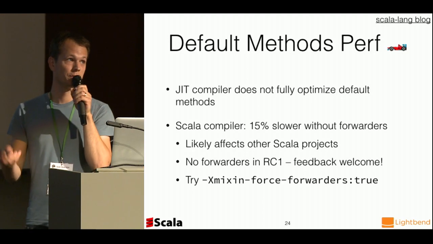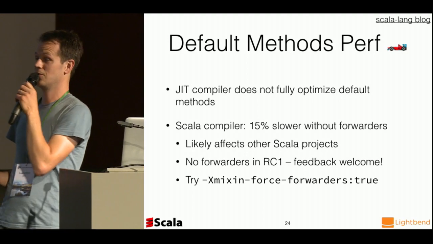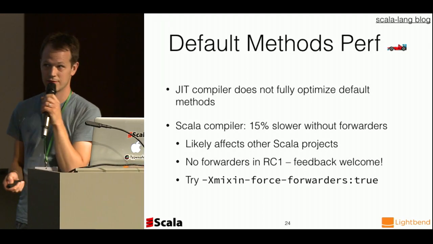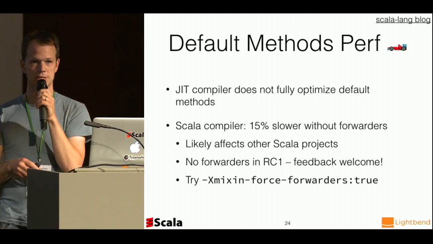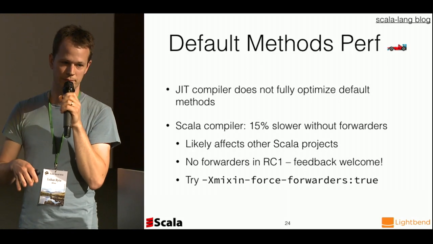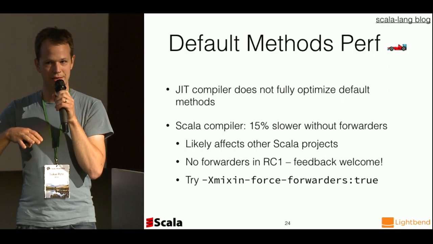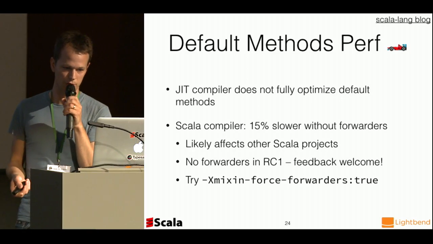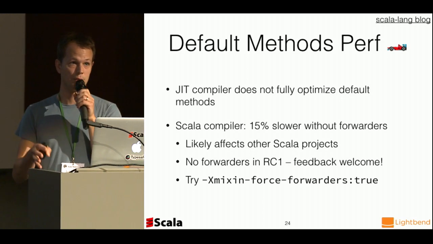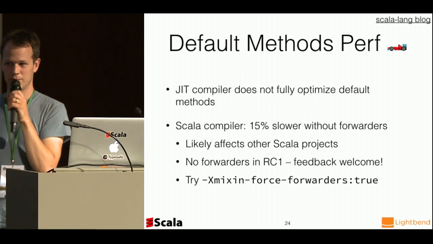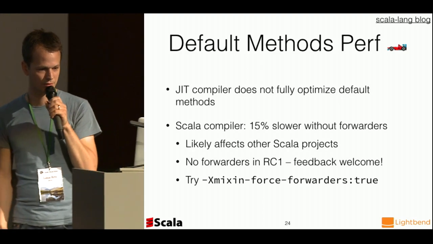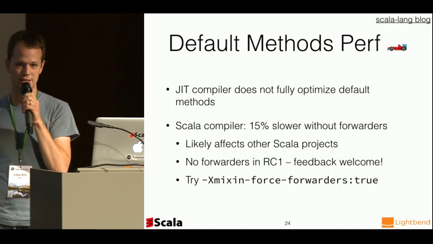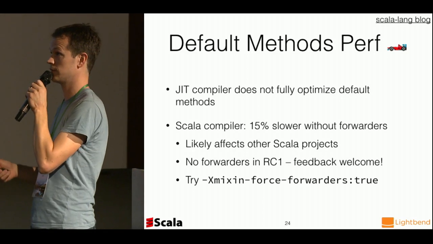The compiler got like 15% slower, and we started searching, and it turns out that we could nail it down to a specific commit, and it was the commit that stopped emitting these forwarder methods. So when we stopped implementing every trait method using a forwarder, the performance of the Scala compiler itself dropped by around 15%.